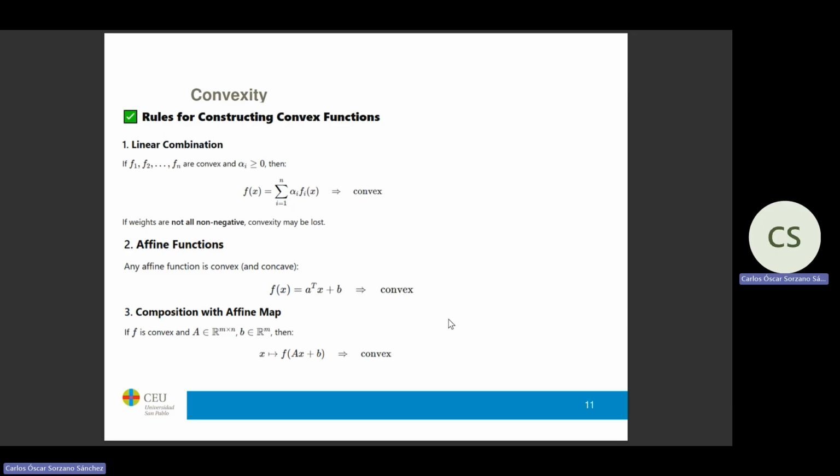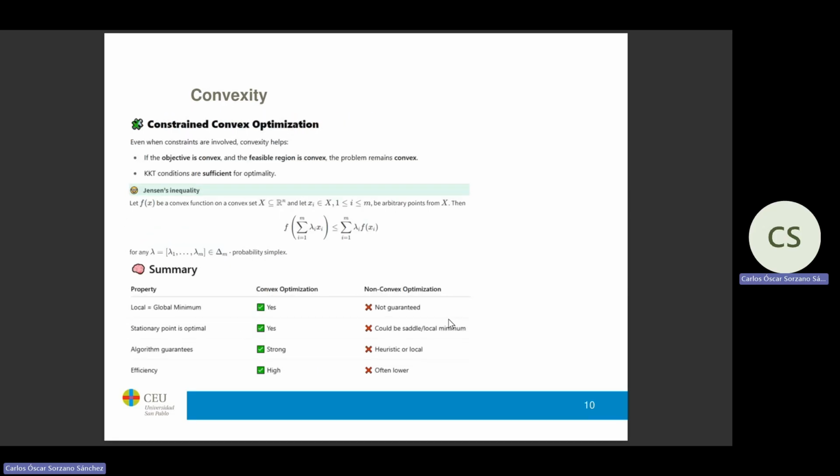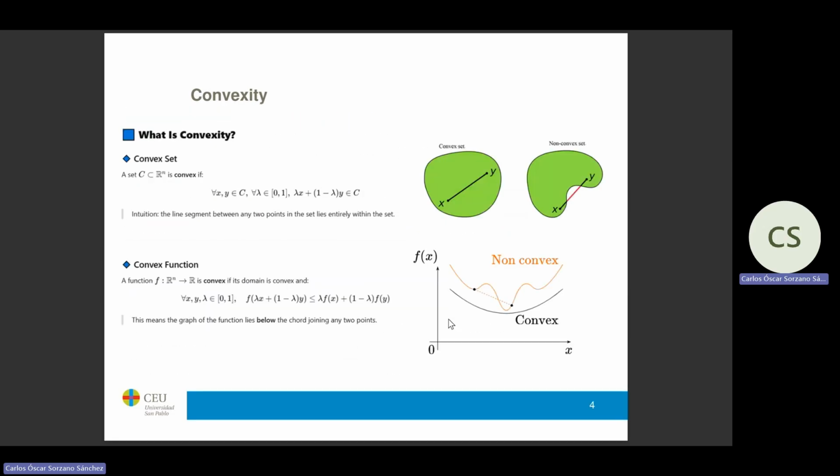And A transpose x plus b, this is the affine function. So the affine function is convex, right? It's also concave. So if you think of convexity and concavity as something like what is shown here, we said this is a convex function, the opposite is a concave function, but the affine transformation is flat.